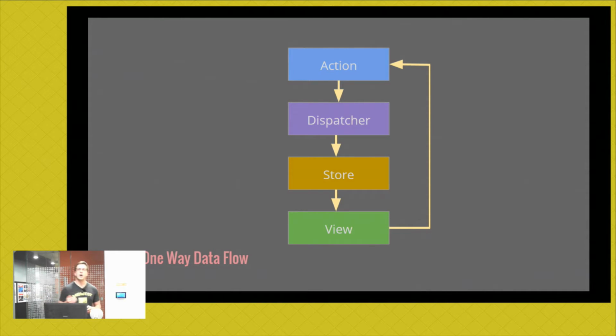An action is just a description of what the change should be, sort of like a meta description. So my action for the counter that I showed earlier might just be called increment, right? And then the dispatcher would take that action description, look within itself and see if the increment exists, and it would describe what changes should actually happen to the store.